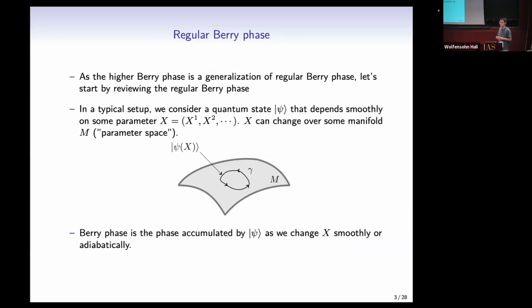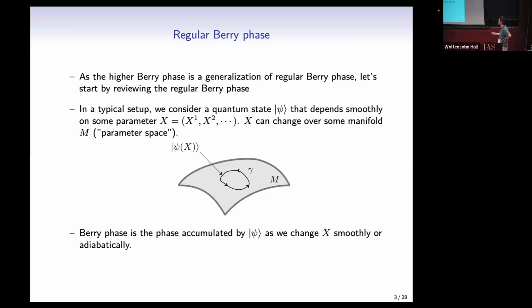Or in solid state applications, sometimes we consider a Bloch state, which depends on crystal momentum k, and so on and so forth. But anyway, I just use this symbol, capital X, to represent collectively these parameters. As I change this parameter, my quantum state also changes continuously. And typically this parameter can be considered as a point on some parameter space M, okay?